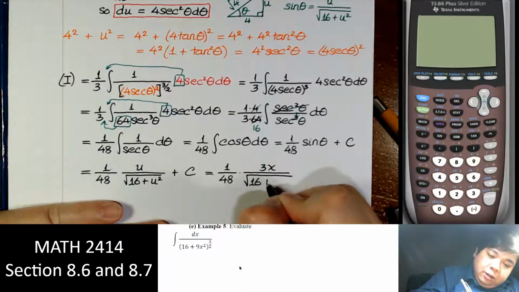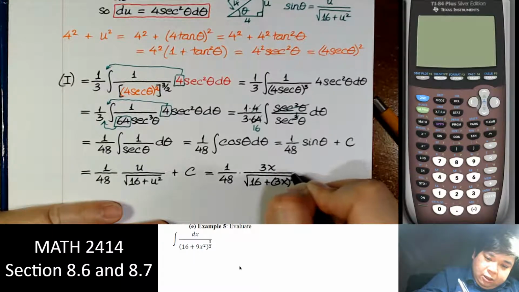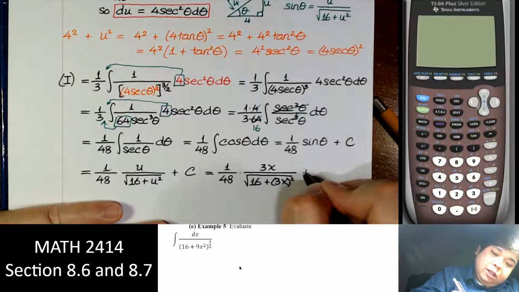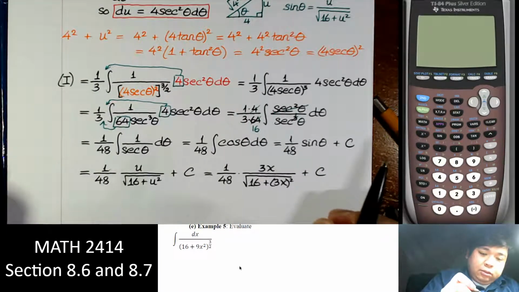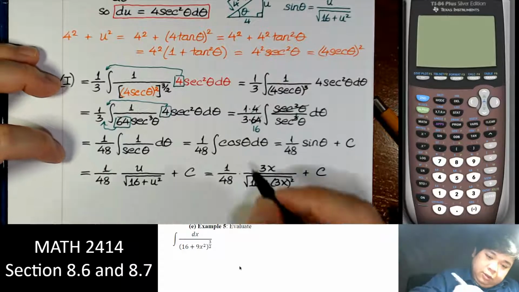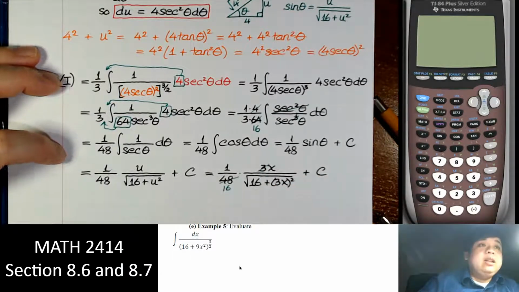So we have 3x over the square root of (16 plus 3x squared) plus c. 3 and 48 cancel, we have 16 left.